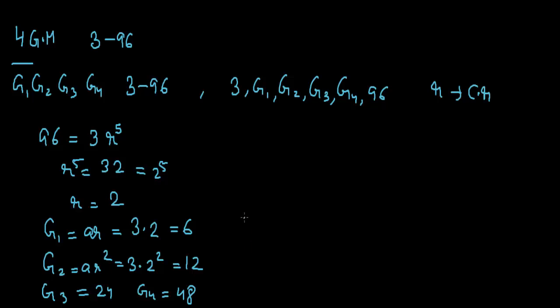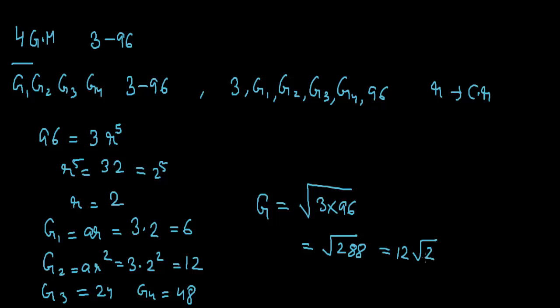Now also, if G is the GM of 3 and 96, we need to find that too. That will be the square root of 3 into 96, which is 288, and simplifying this gives 12 root 2.